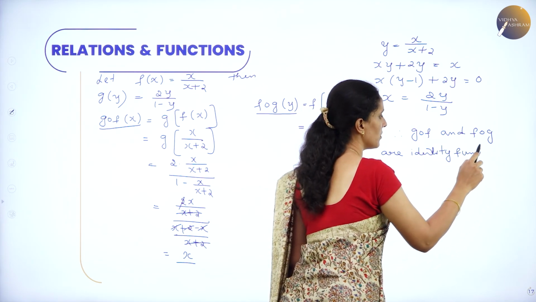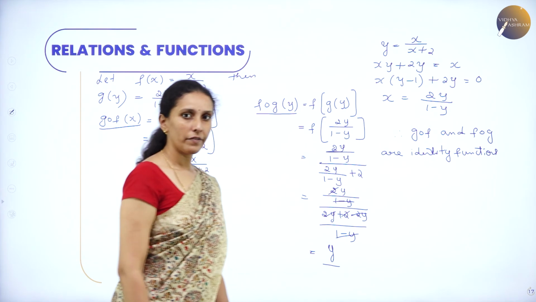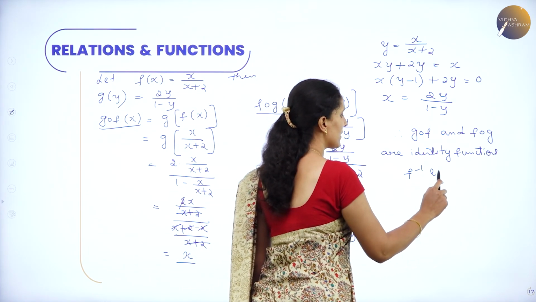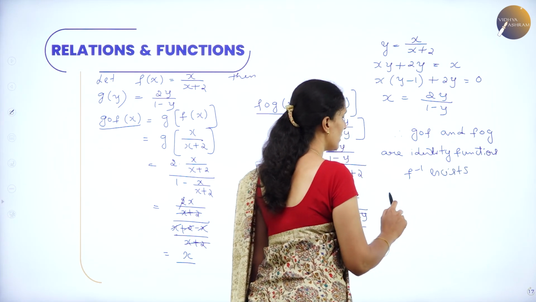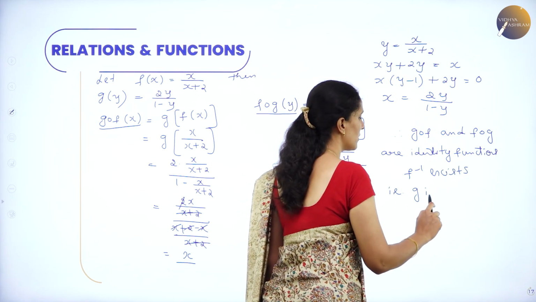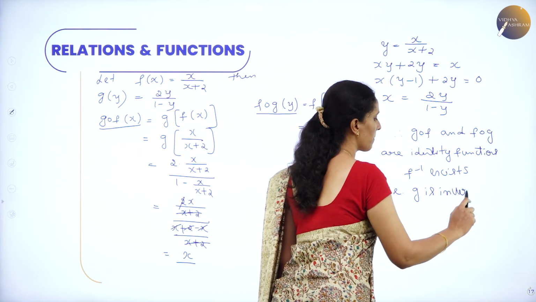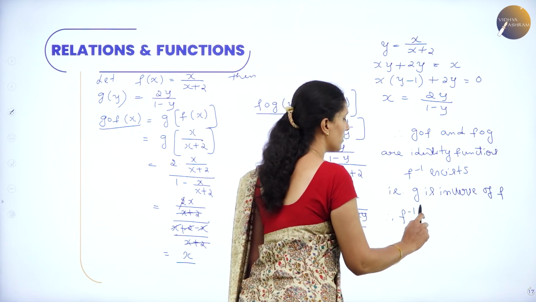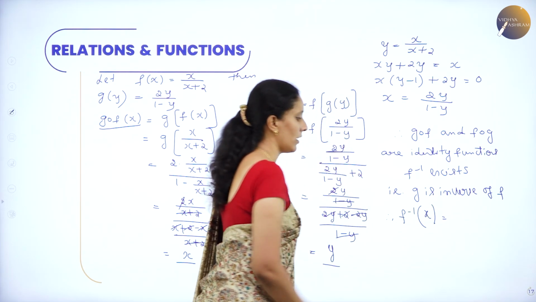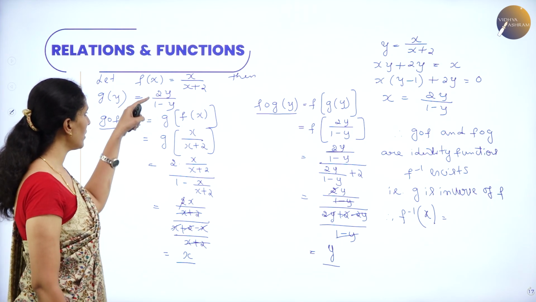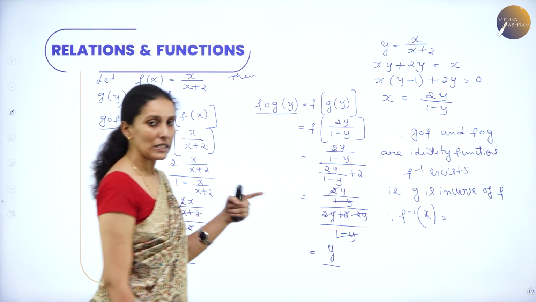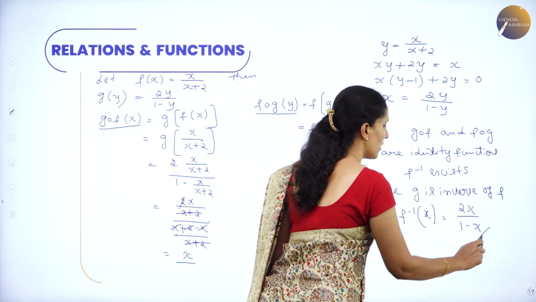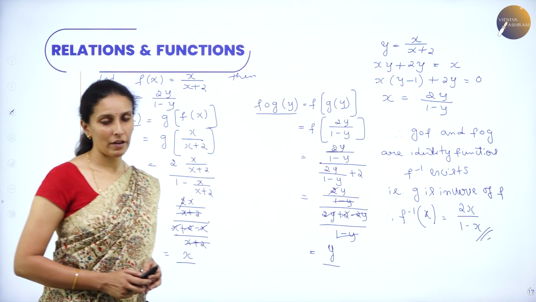If they are identity functions, obviously we can say f inverse exists, that is g is the inverse of f. So therefore f inverse of x can be written as, how is g defined? g is defined in the form of 2y by 1 minus y. Just replace with x, then it is 2x divided by 1 minus x. So this is the inverse of the given function.